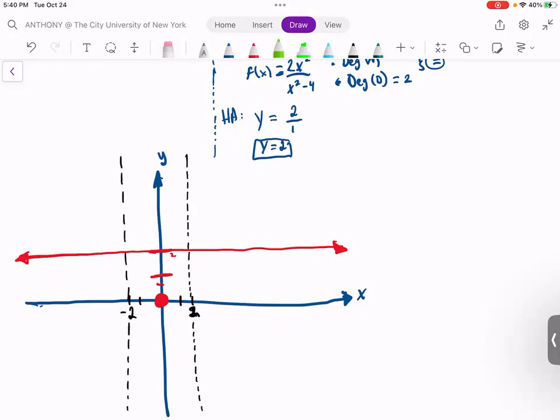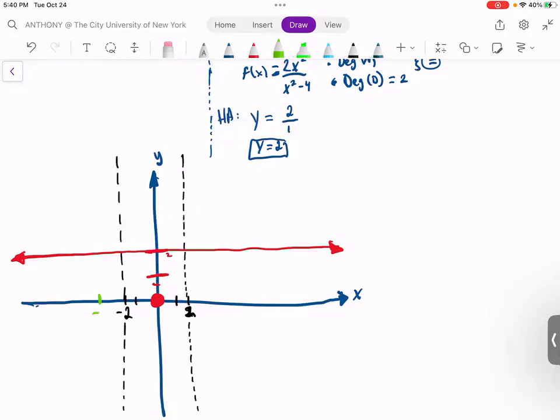So for example, if x equals -2 is my vertical asymptote, then I can choose x equals -3, and I can choose x equals -1. If x equals 2 was my second vertical asymptote, then I could choose x equals 1 and x equals +3. I plug them into my function, and I'm going to see what happens.